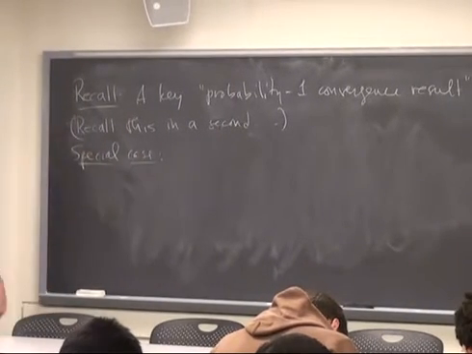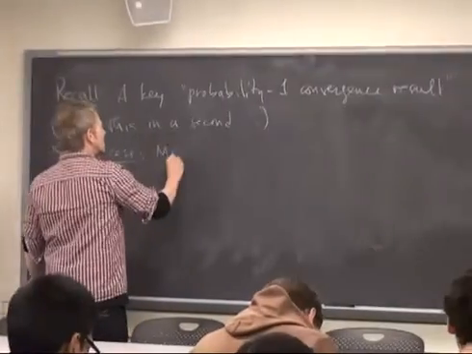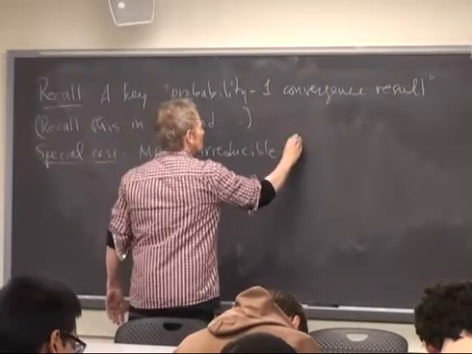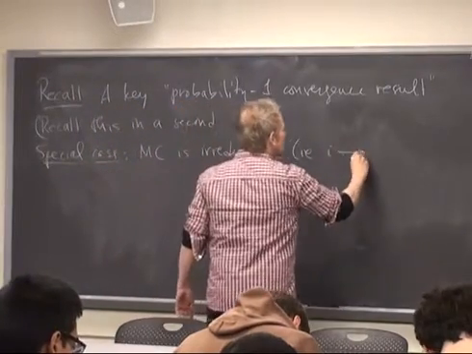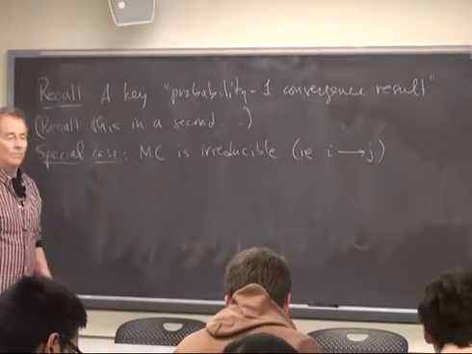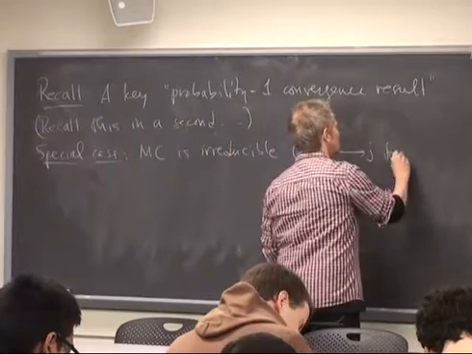And the special case is that you've got an irreducible Markov chain. That is to say, you can get from any state to any other state in finite time. So i goes to j for all i and j.